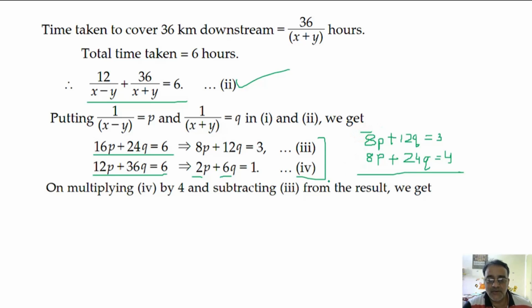Change the upper one, because it is written subtracting 3 from the result, so this second will come first. So this 8p will be cancelled and we'll get 12q is equals to 1. Is this clear? Yes, sir. So q is equals to 1 by 12.